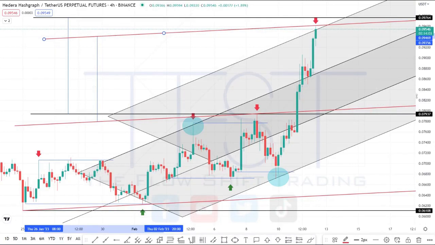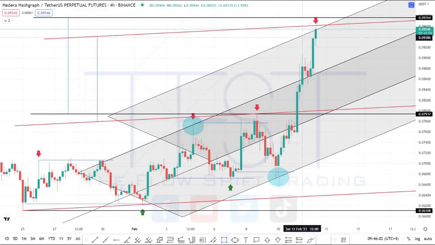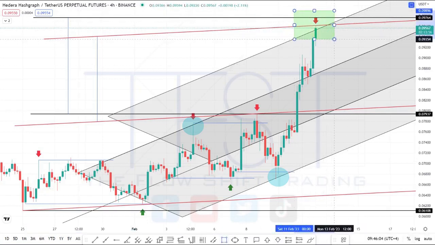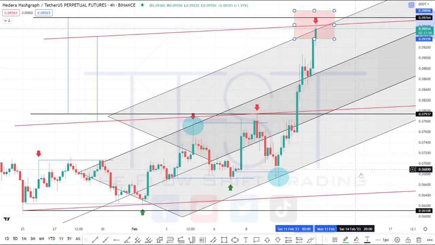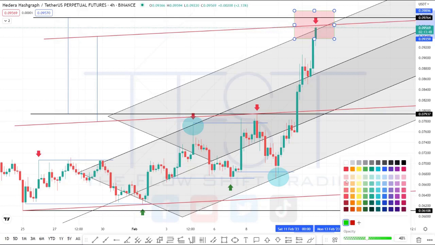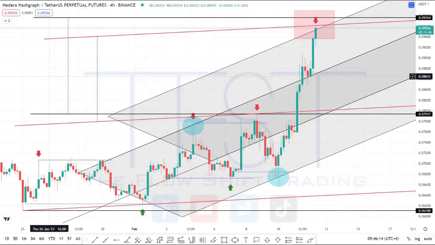Okay, so this is pretty much the area where price can potentially react to the downside to make the corrective move, right? So now, once we confirm, we still have 2 hours.